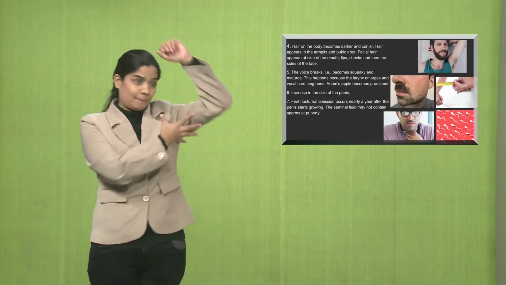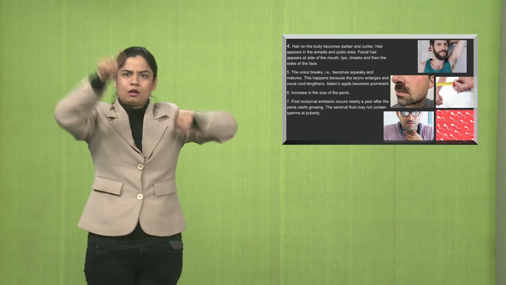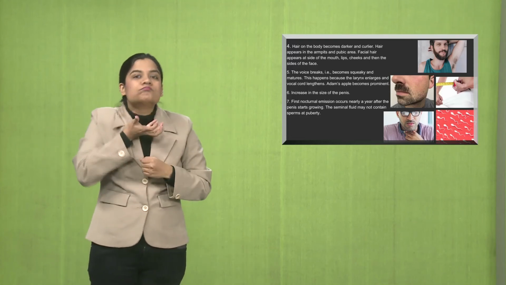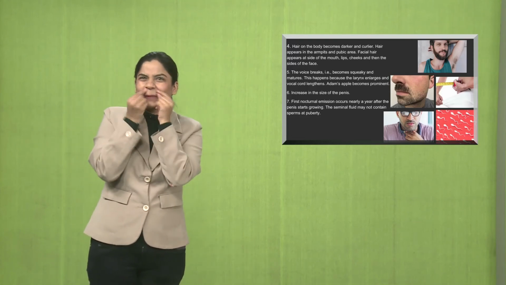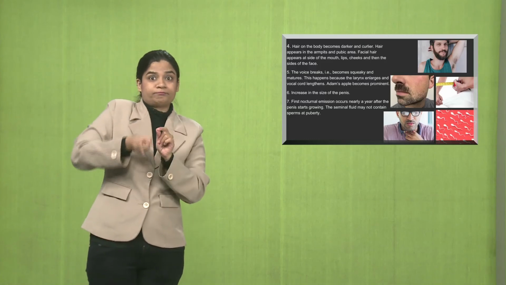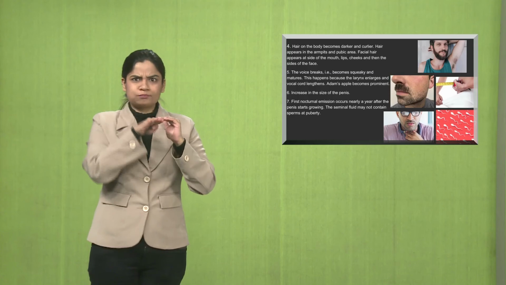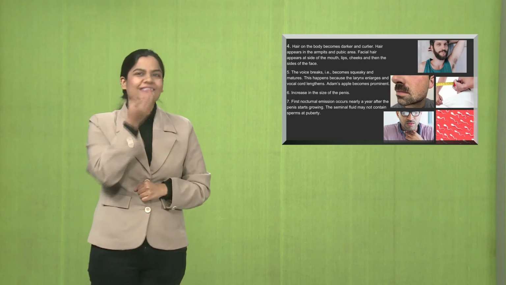The hair becomes darker. It's the same for females, as we know. Men start to grow a mustache and beard, as you must have seen in some young boys. The penis starts to grow in size. Their voice becomes very mature as their vocal cords lengthen.